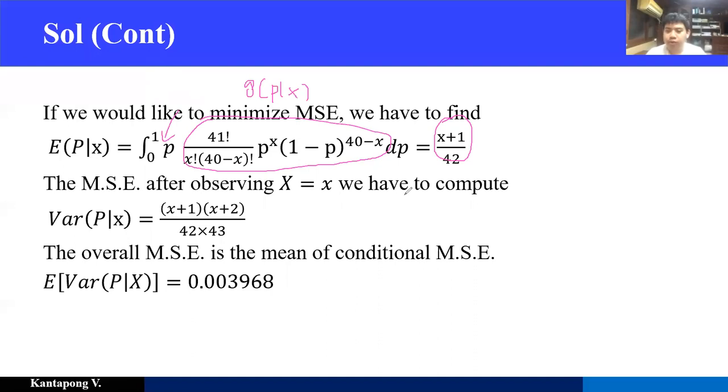So it is very similar to the frequentist one, right? The regression here is called the Bayesian estimate, because we minimize the MSE using the expectation. It is very similar to X over 42, which is the frequentist estimation.